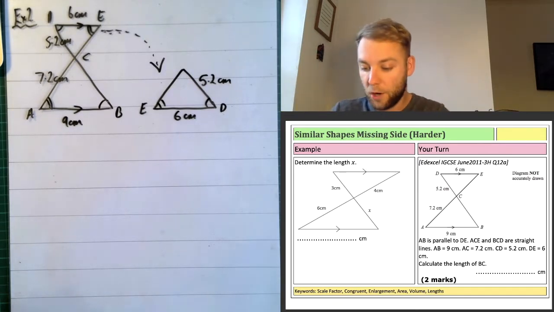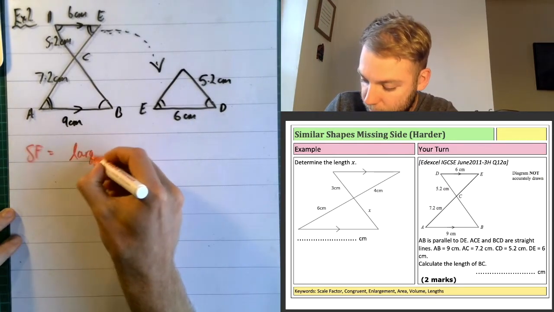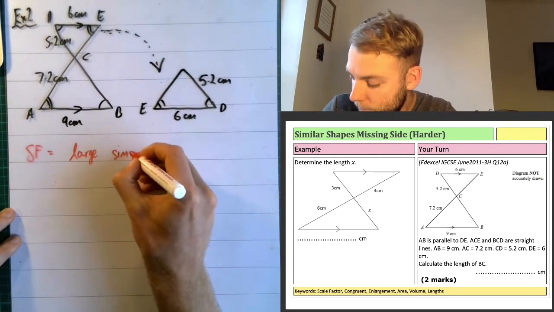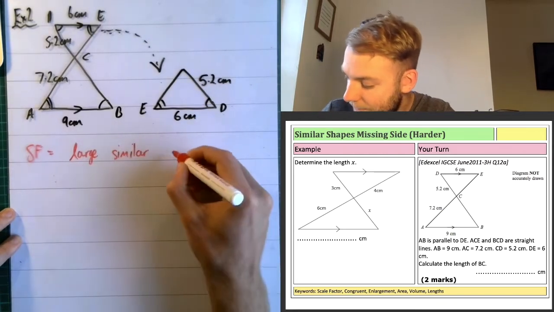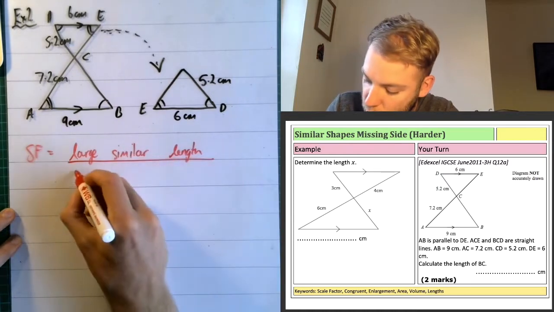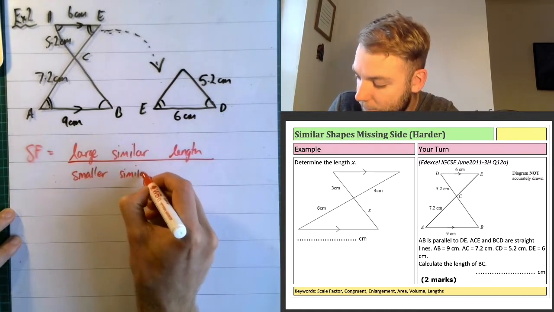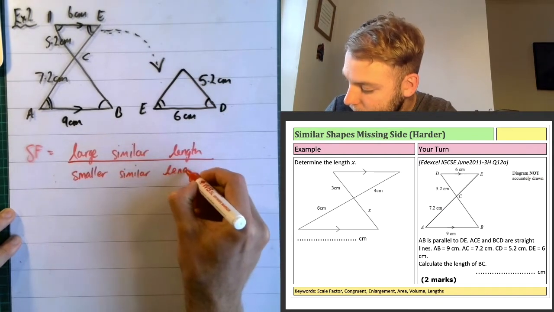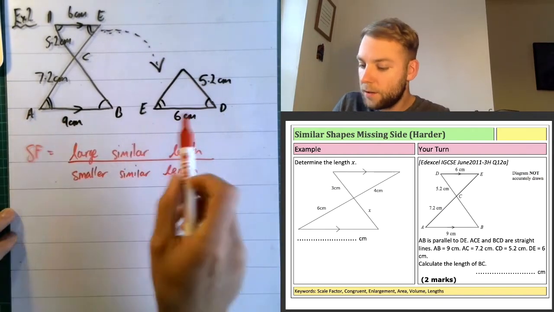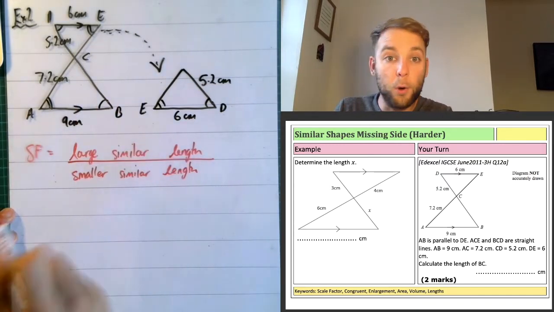Okay, so the next stage is I need to work out my scale factor. The scale factor is equal to your larger similar length divided by your smaller similar length. So which part of my triangle, left, right, or bottom, do I know both the lengths of?